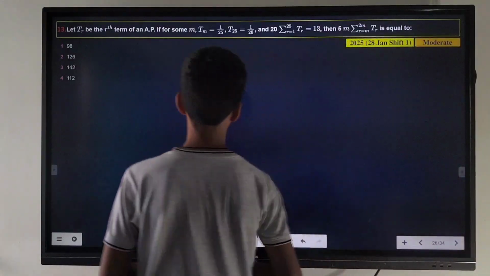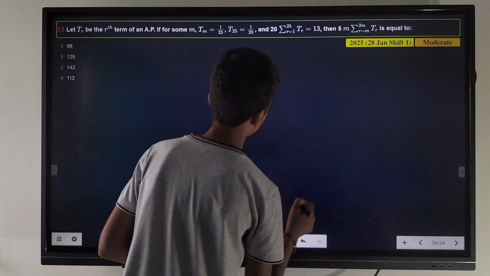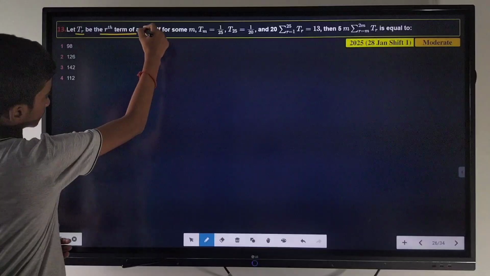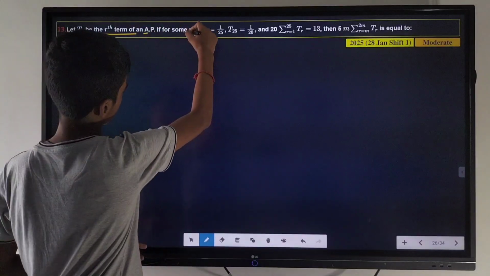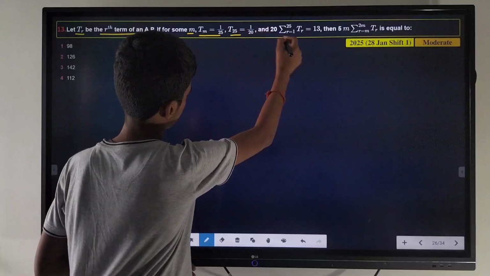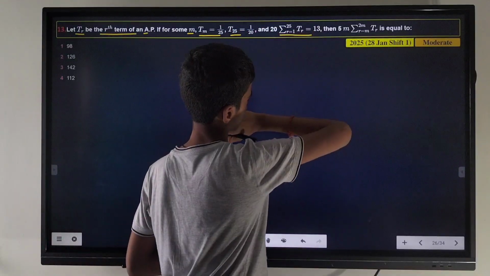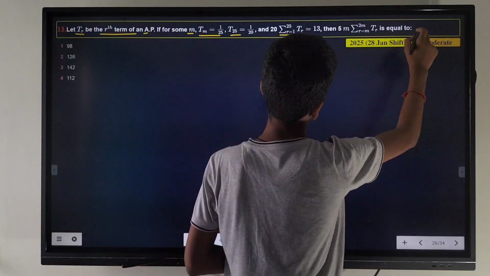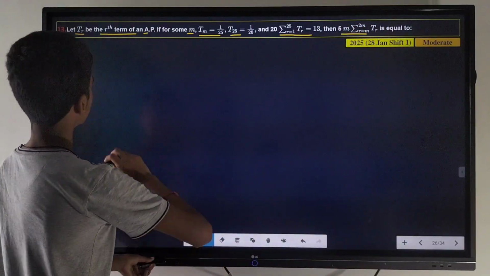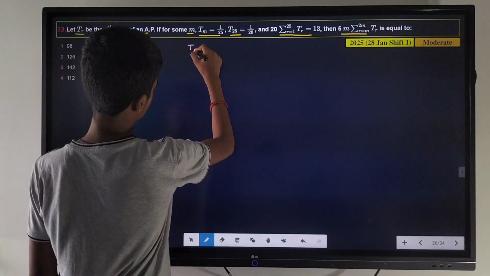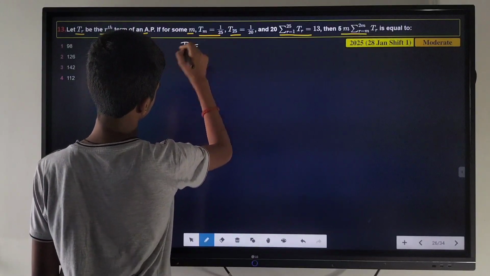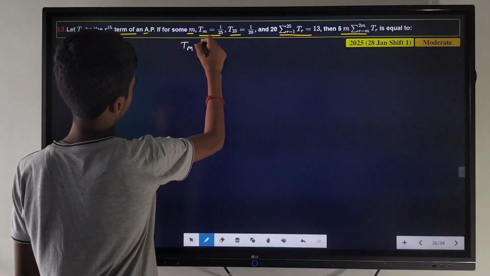Here is our next question now. This time our question says let TR be the rth term of an AP. For some m, our Tm is equal to 1 upon 25, and T25 is equal to 1 upon 20, and we have this sum equal to 13. Then we have to find the value of this expression. From Tm, we will get A plus m minus 1 d is equal to 1 upon 25.